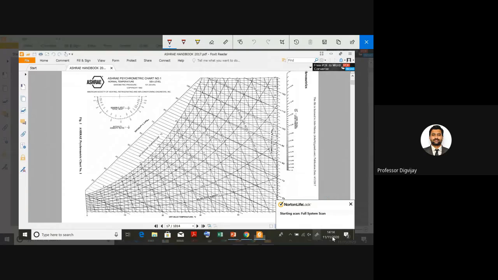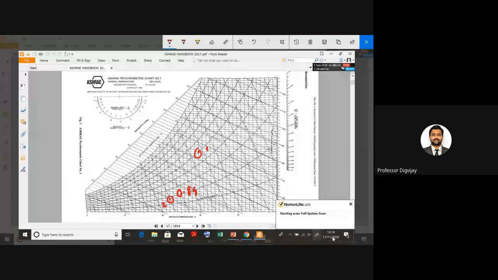So the point will be here. This is my point 1. Then 22 and 10. This will be my point 2 here. So at these two points, I have to find out the specific volume. So here it is straight away given for point 2. It is 0.84. So 0.84 will be the specific volume.